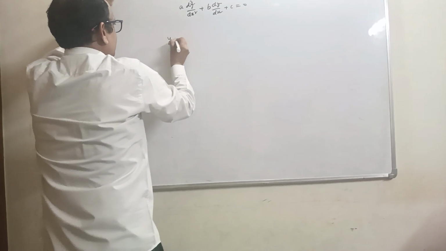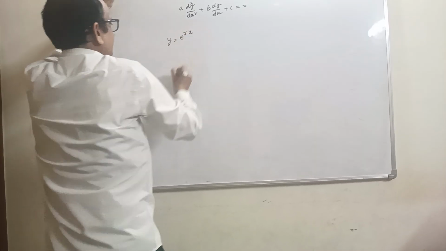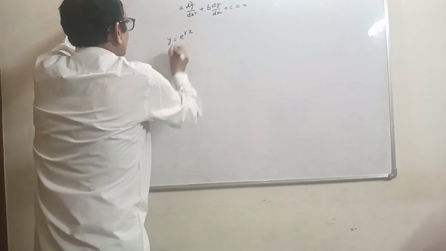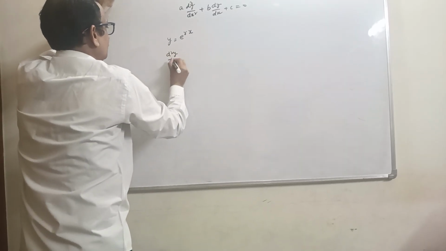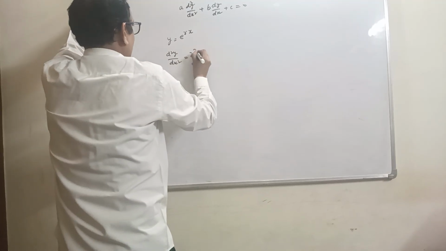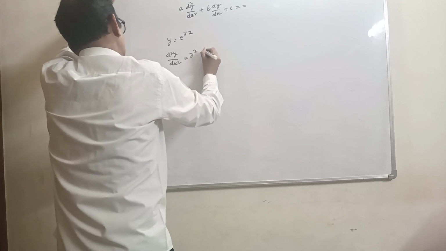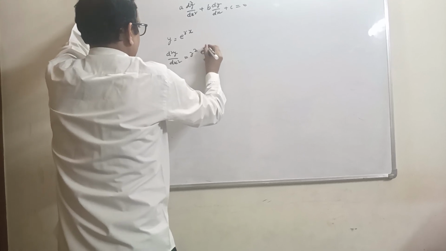We put y equal to e raised to power rx. This is a function of x. So d2y over dx square would be r square e raised to power rx.